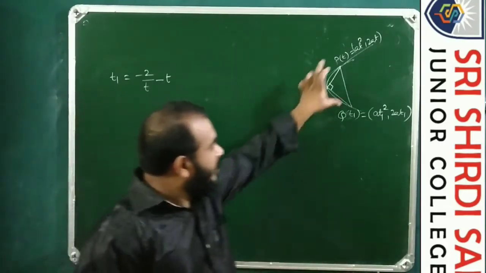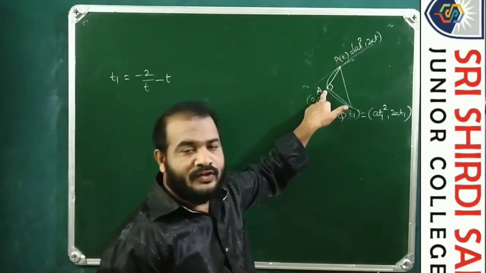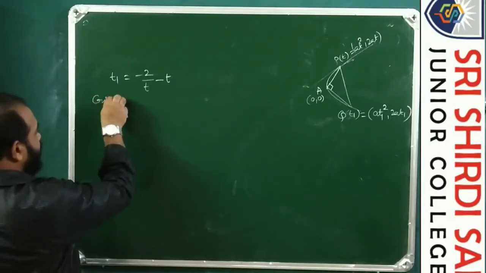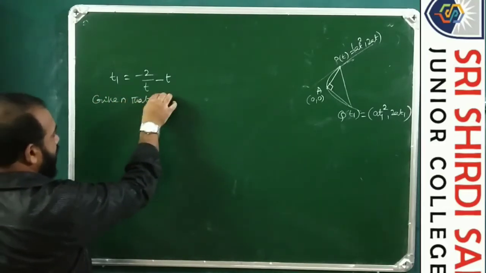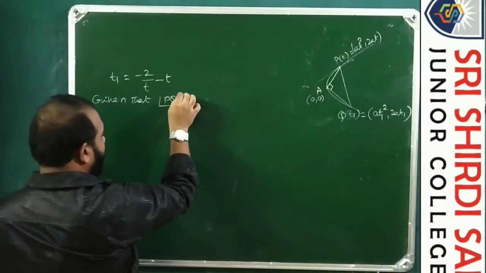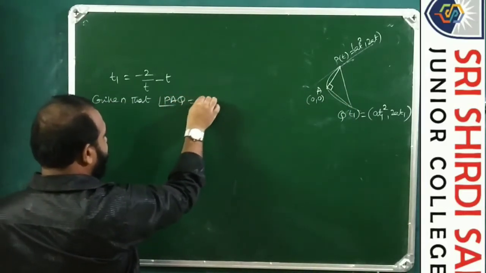Given that this normal chord subtends a right angle at the vertex, angle PAQ is equal to 90 degrees.